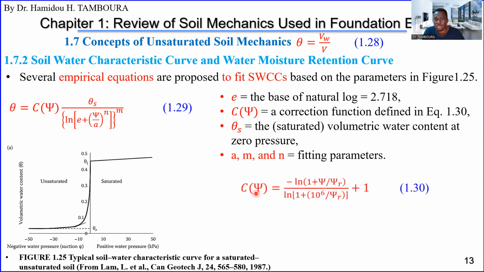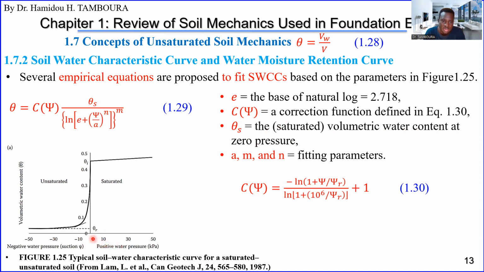Okay, it got complicated. So this C is obtained by this equation, and this theta s is the saturated volumetric water content at zero pressure. Okay, when it is saturated, zero pressure.